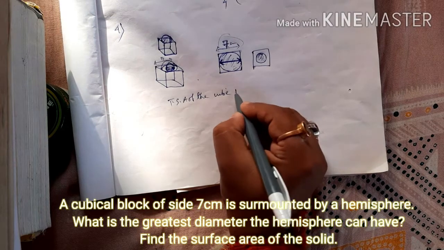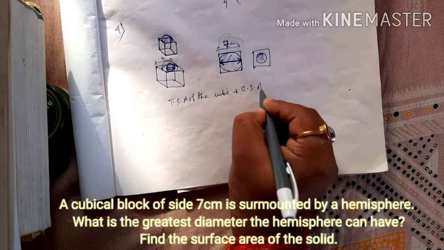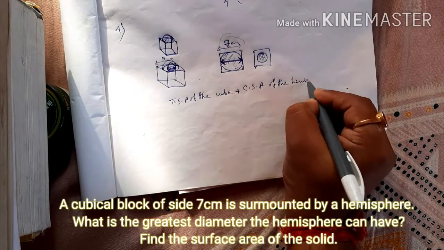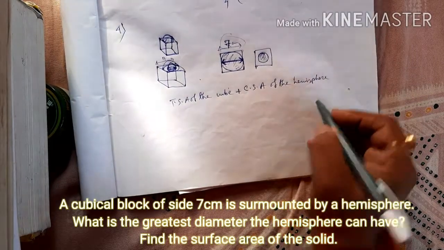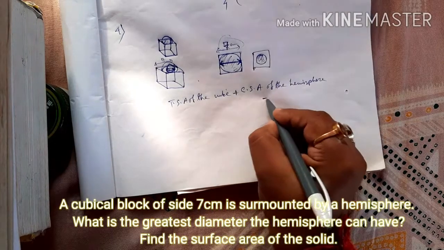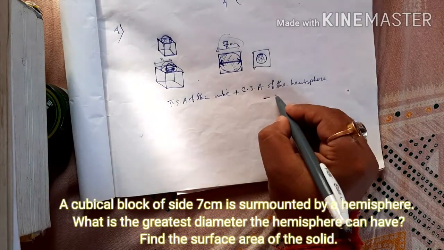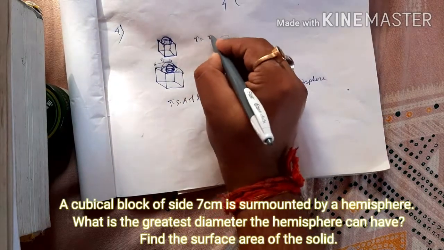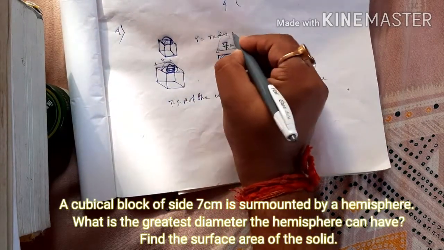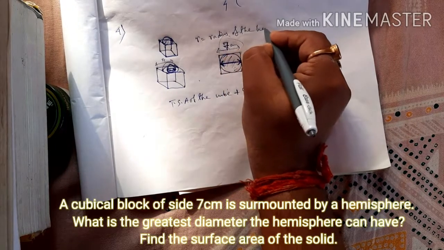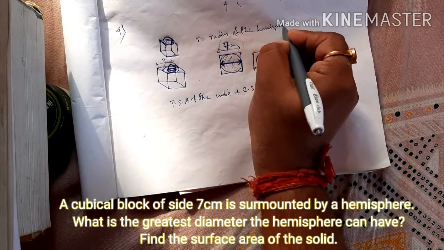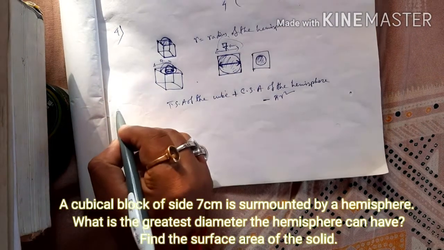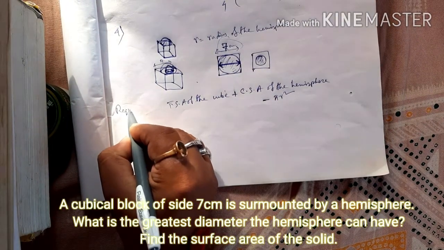With that, I have to add the curved surface area of the hemisphere, and from that we have to subtract the circular base, where r is the radius of the hemisphere. Okay, this is the required surface area.